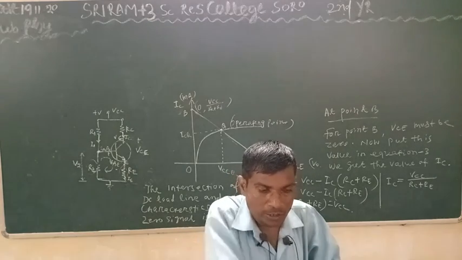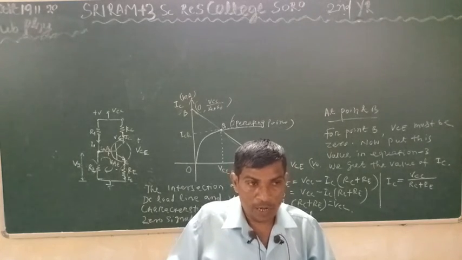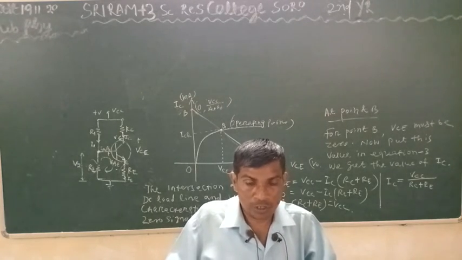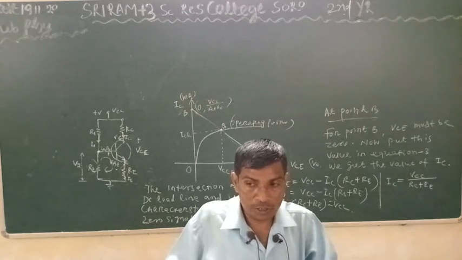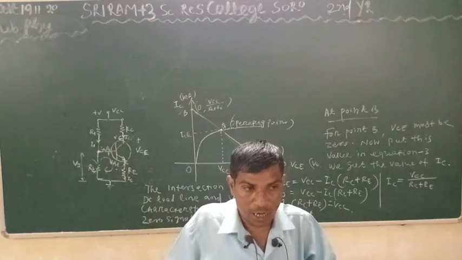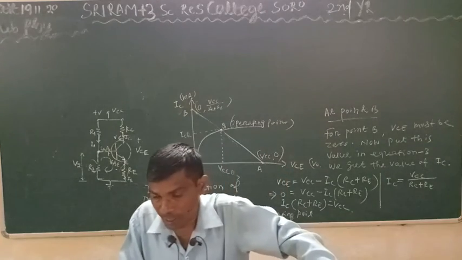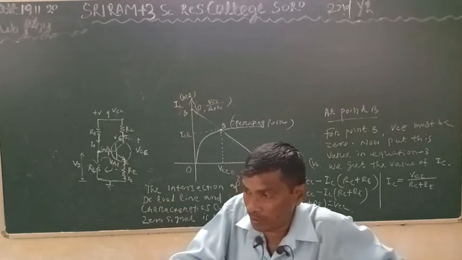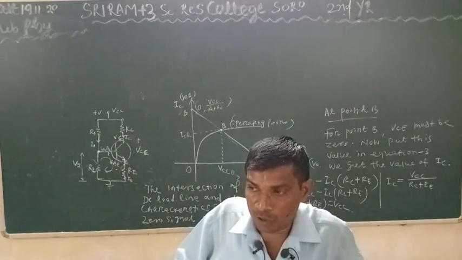So in this amplifier circuit design, we first calculate the voltage dividing resistors. These voltage divider resistors provide the voltage to the base emitter junction as forward biased and base collector junction as reverse biased.